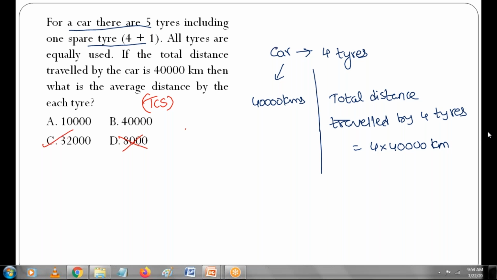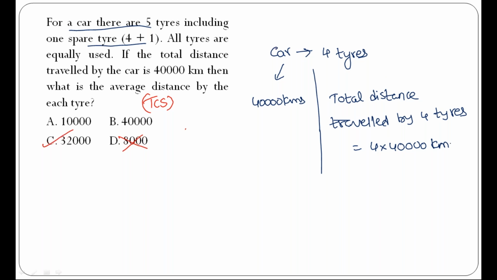Now here, fine. So 4 into 40,000 we have to understand. So that is the total distance traveled by the four tires, because the car at a time will use four tires. Total distance traveled is this. Right. Excellent. Now they have given that you have to distribute this equally. Okay, see this.